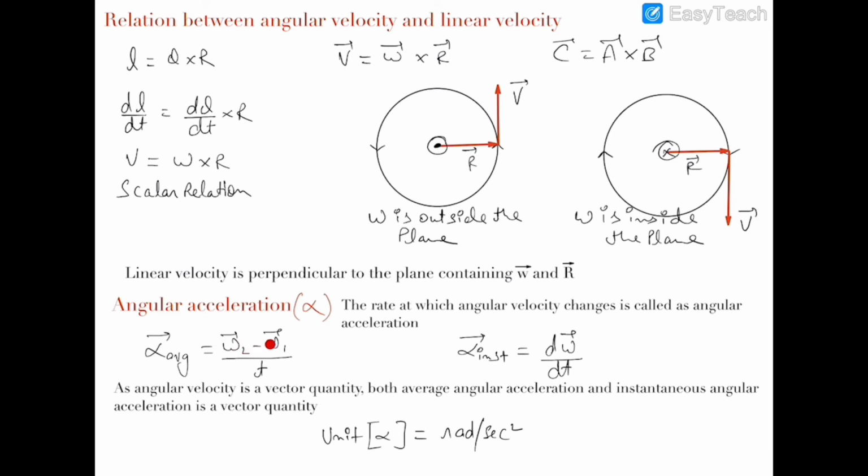So the instantaneous angular velocity is a vector quantity, therefore both of these angular accelerations are vector quantities. So the rate of change of angular velocity is known as angular acceleration. The unit of angular acceleration is also radian per second square.